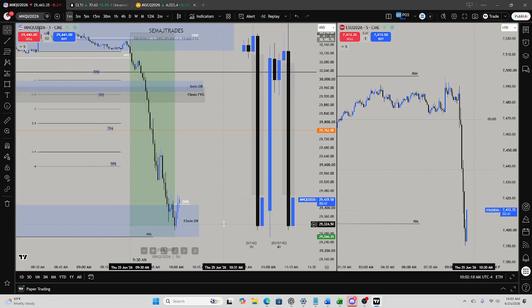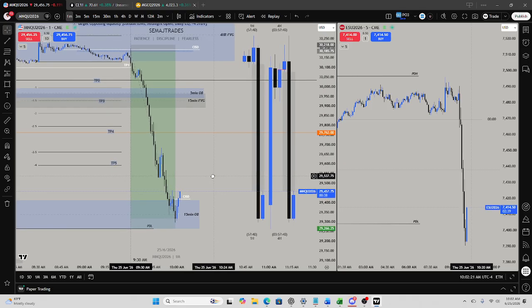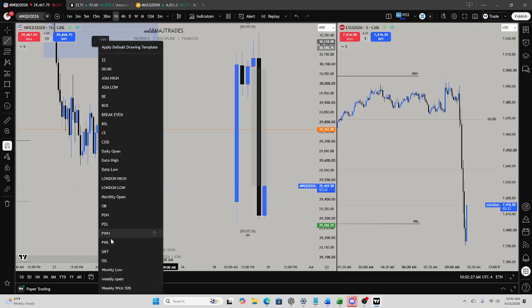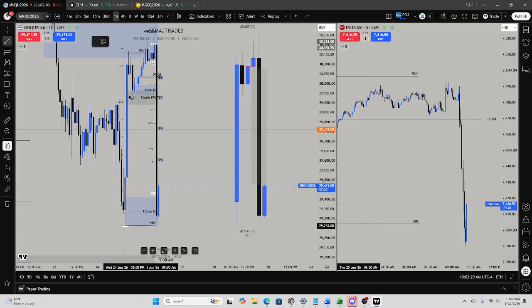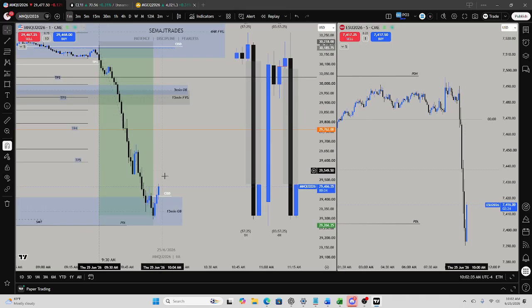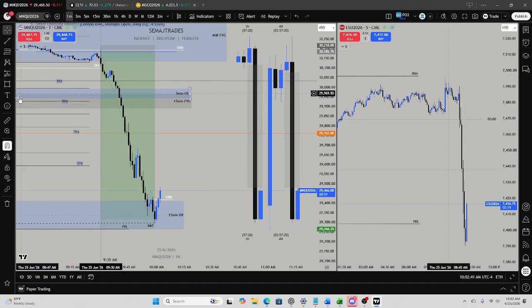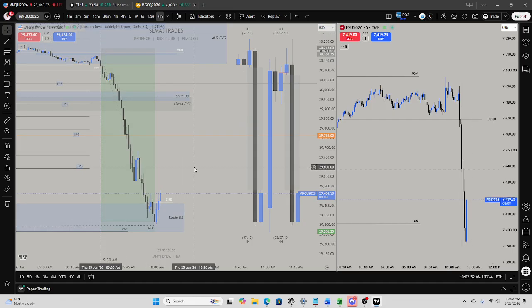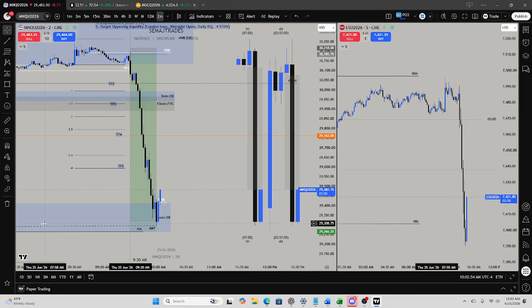This is where the buyers are, at least. Our displacement could come from this 2 minute.